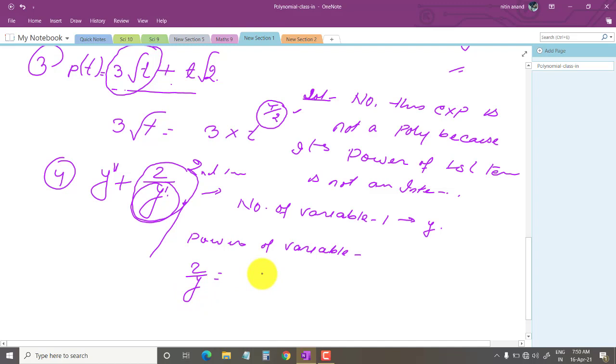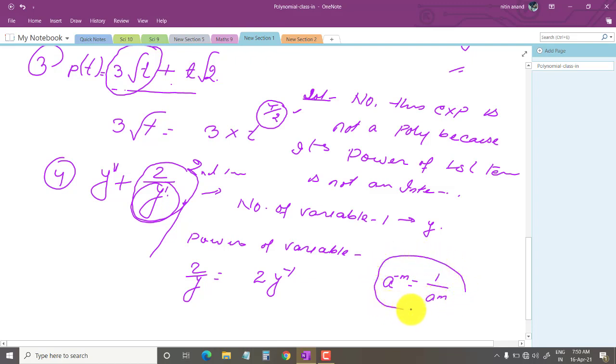We can write it as 2 y to the power minus 1, because one formula for the exponent and power is a to the power minus m equal to 1 by a to the power m.